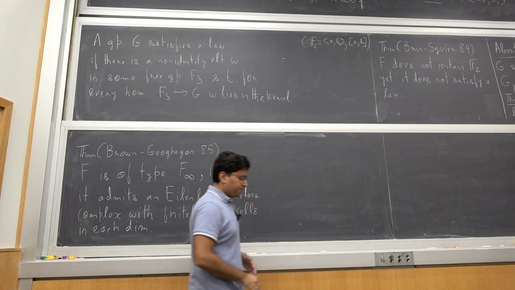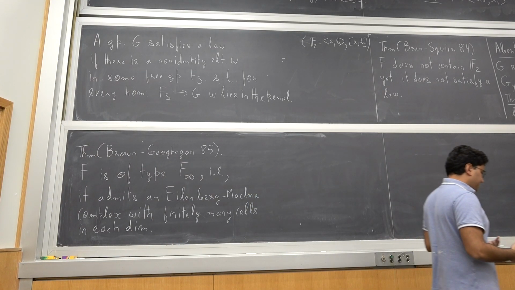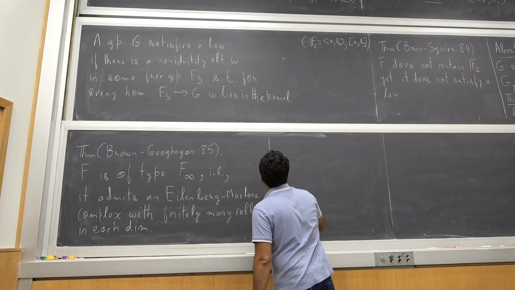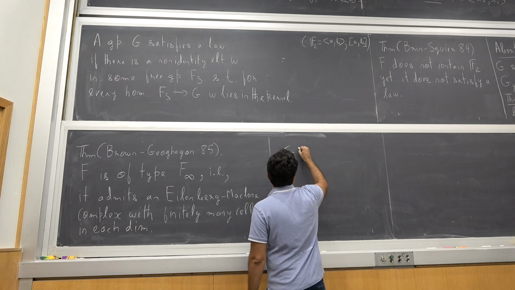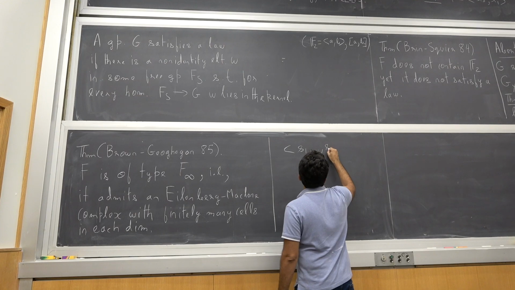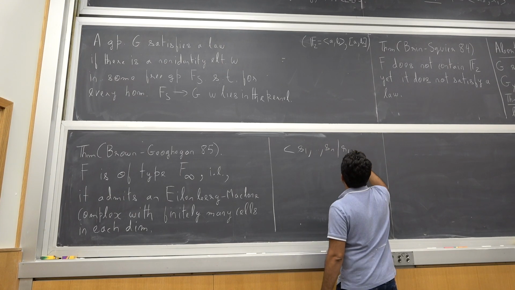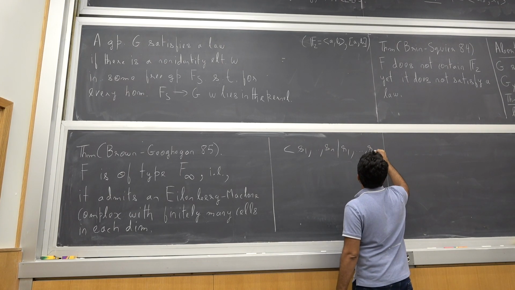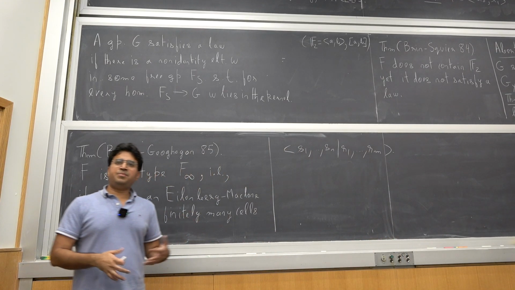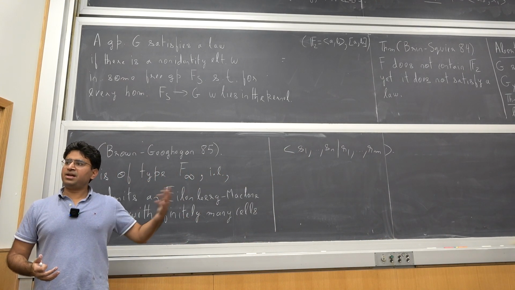So type F infinity is a topological strengthening of the property of being finitely presentable. If you have a finitely presented group, let's say a group with generators S1 through Sn and relations R1 through Rm, then you can build a connected two-dimensional CW complex whose fundamental group is your group.